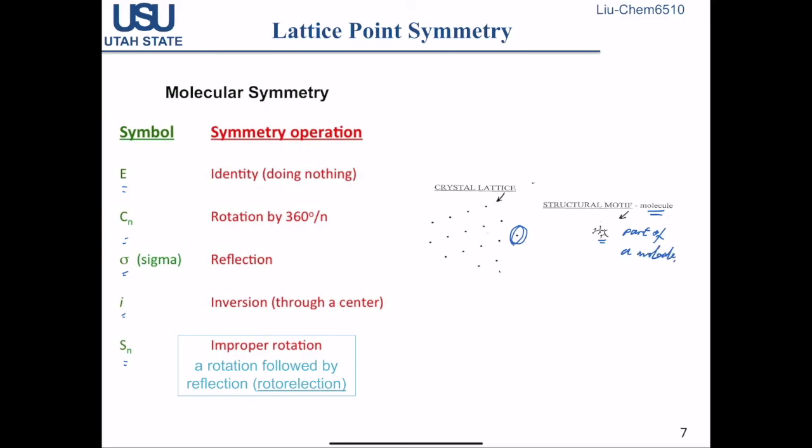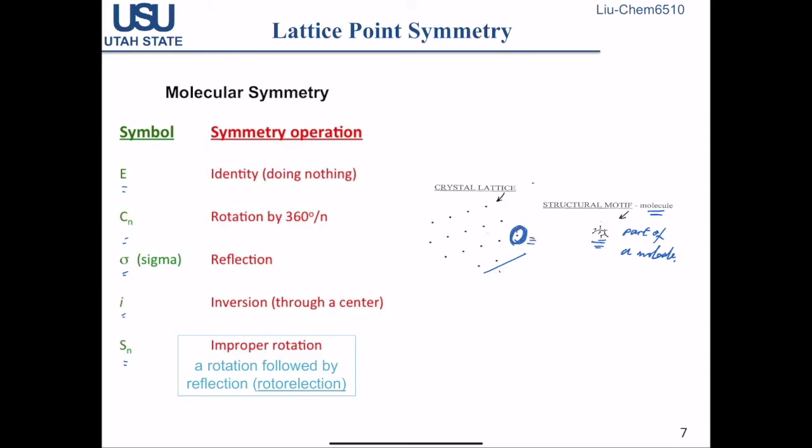The motif can be a molecule or part of a molecule. If we put a molecule to replace this simple dot, then each molecule is going to have its own symmetry information, right? Besides the lattice structure information we have talked about, you are going to have additional symmetry information for each point here.